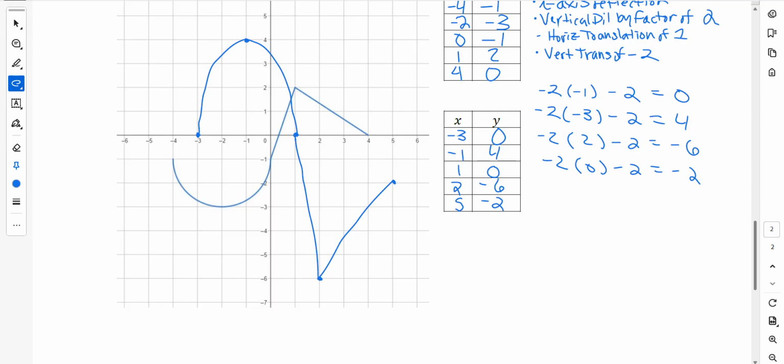Between today and tomorrow, here's what you should do. Compare the answer key that you all just wrote down with the mistakes that you made in your quiz.